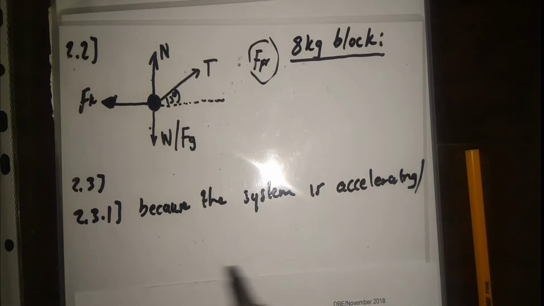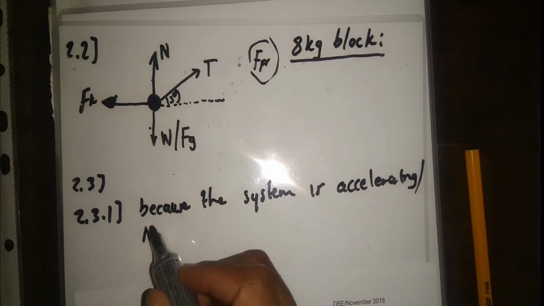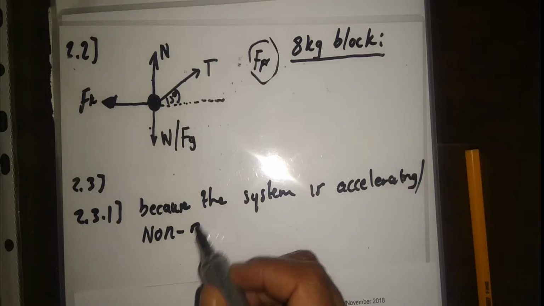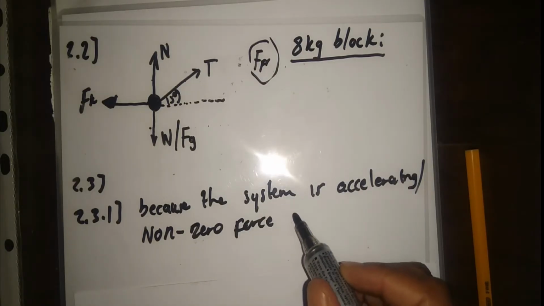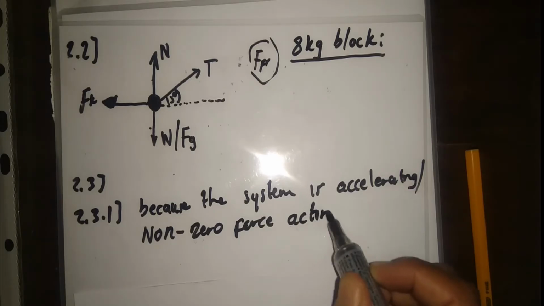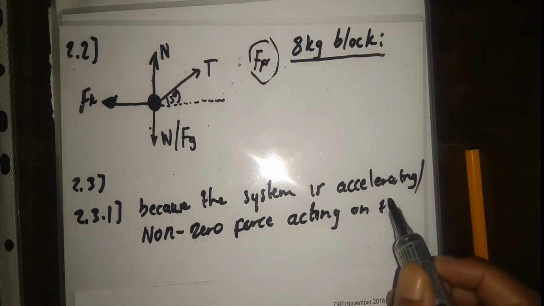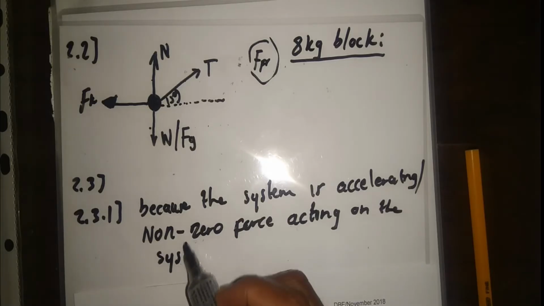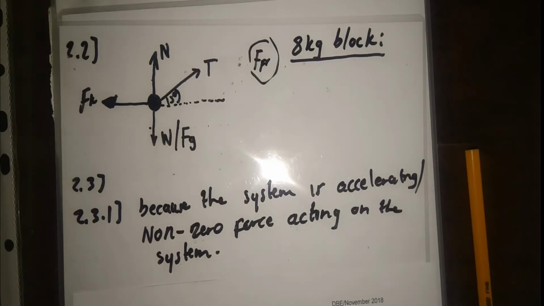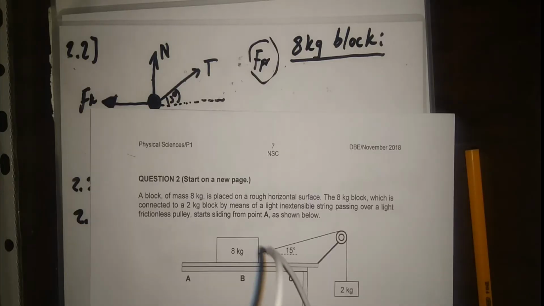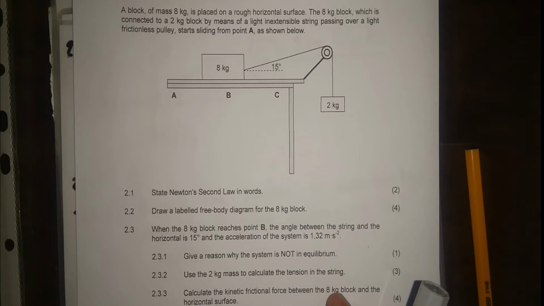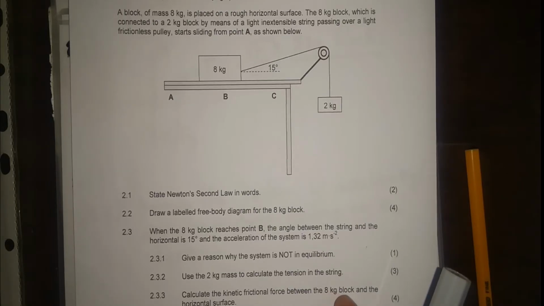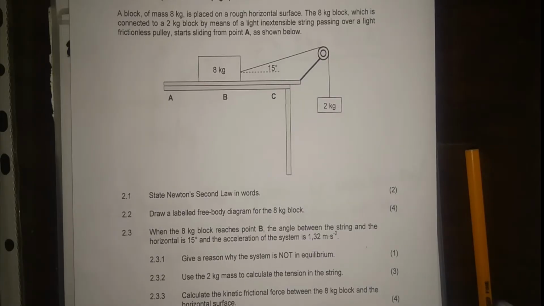An accelerating system also means there's a non-zero force acting on the system. That's why you accelerate the system. Ne? Sorry man. That's why the system is not in equilibrium. For 1 mark. 2.3.2. Use the 2 kg mass to calculate the tension in the string.